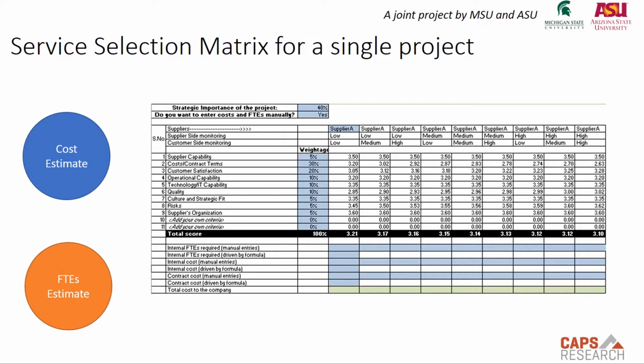And we end up with a score based on that and a weight for each of the categories. You'll see in a moment that we have a separate sheet or a separate area for supplying information about the supplier capability, about the cost and contract terms, etc. So we'll come back to that.